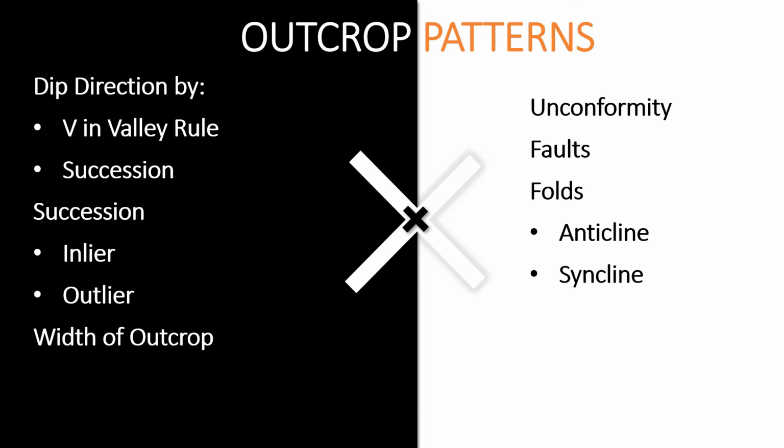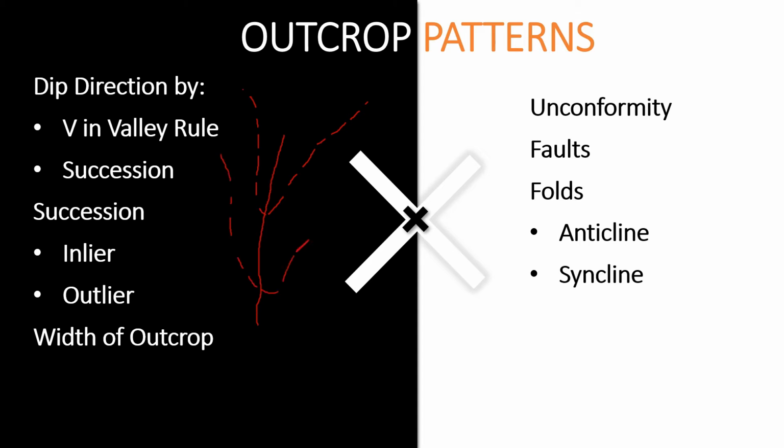For example, this is the topographic map and the topographic contours. Let's say these broken lines are the topographic contours, and a valley can also be recognized when there is a river flowing in that V-shaped topographic contours.